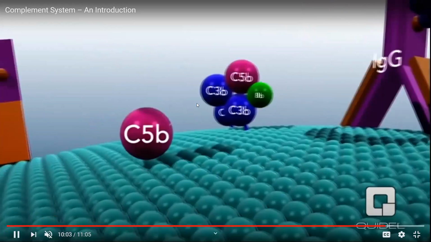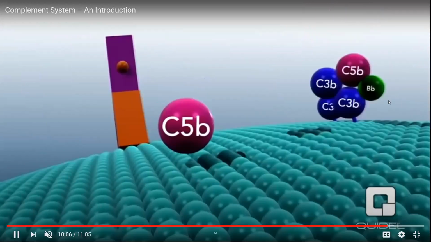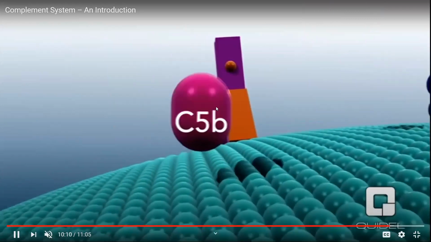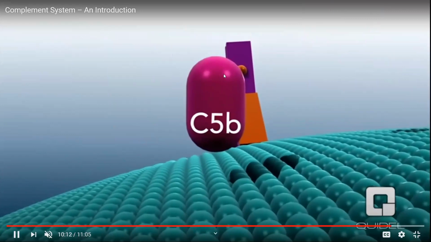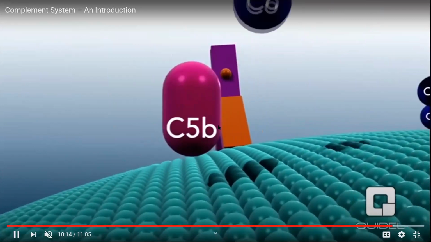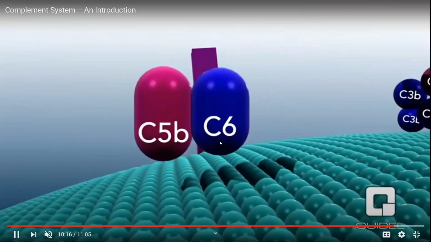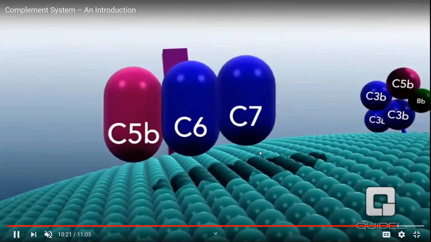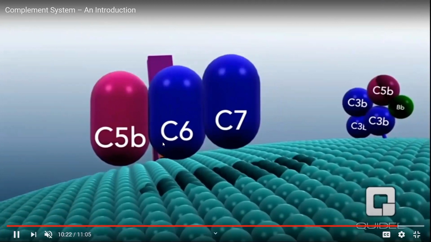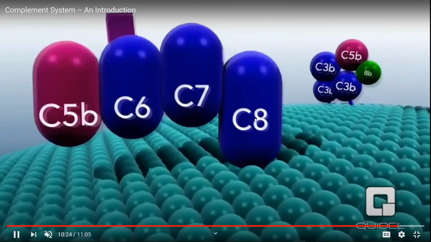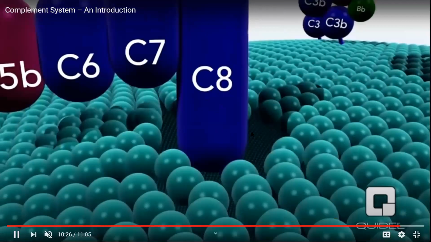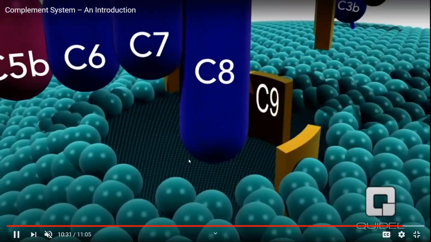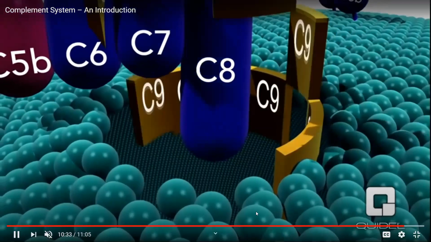Instead of attaching itself to the convertase, this C5b has moved forward and grown larger in size, and it is trying to form something here. Similarly, C6 will come and bind to C5b, C7 will come, C8 will come. Then C8 starts making a pore over here. C9 in large numbers accumulates in this area, and then the pore enlarges.